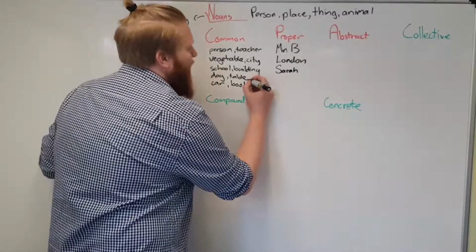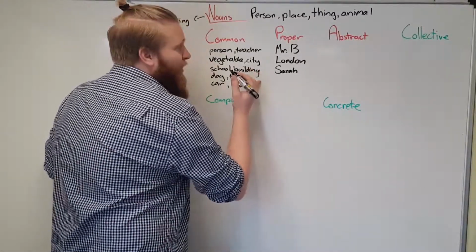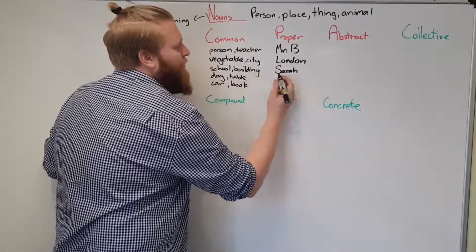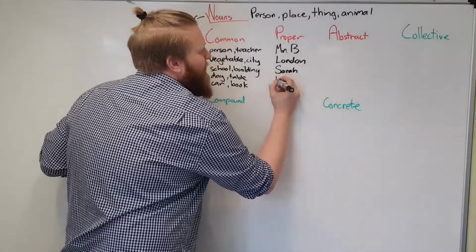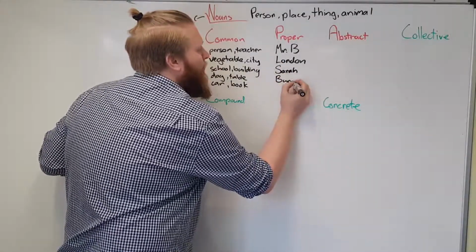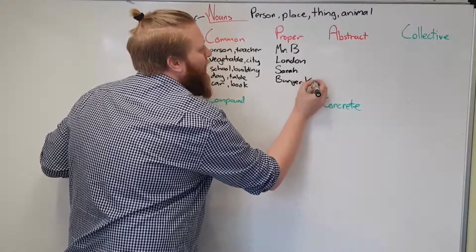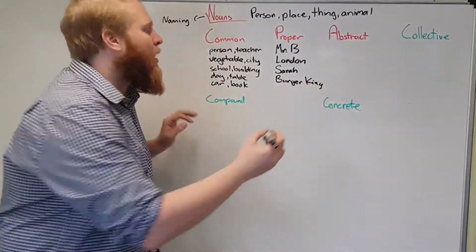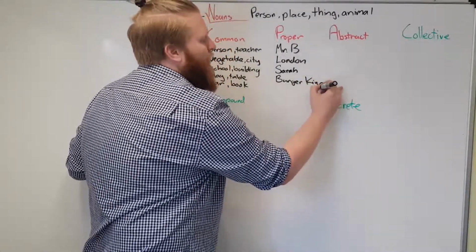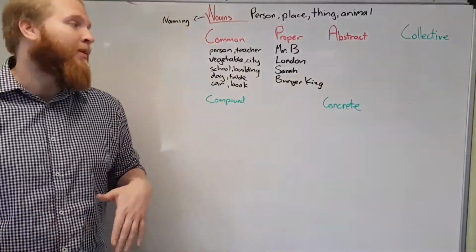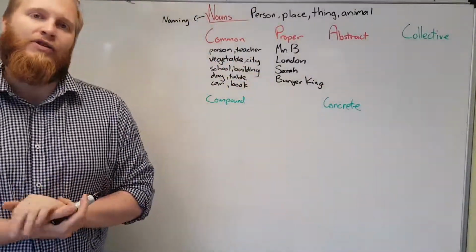We could have restaurant as a common noun, but then a proper noun would be something like Burger King. That's the name of a specific restaurant. So we give it a capital letter, say it's a proper noun, and that's what we class it as.